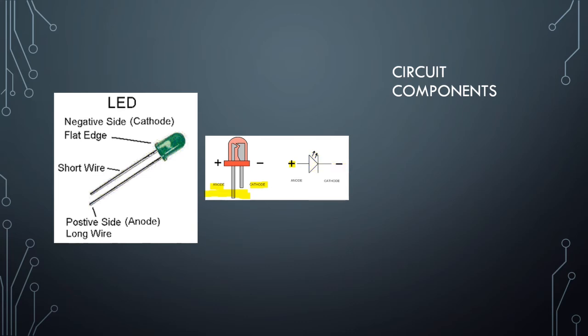And what's going to be important to remember when you're looking at a schematic is that an easy way to remember what the negative side is: think this little negative bar corresponds to this bar running up and down in the diagram. So whichever side this bar is on, that's what side the short leg, the flat side, or the cathode side of your LED should be oriented in your circuit.